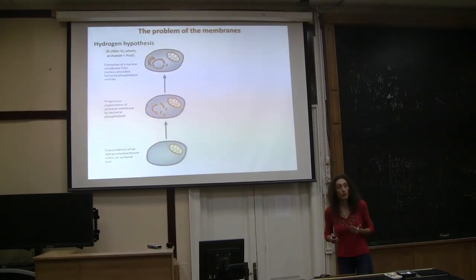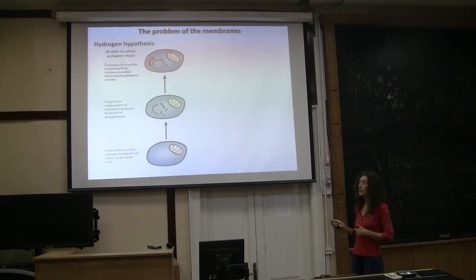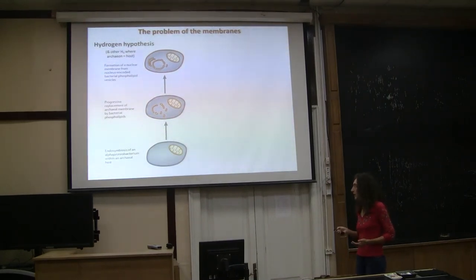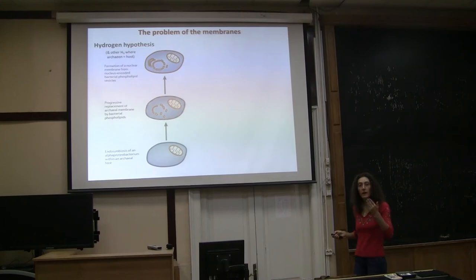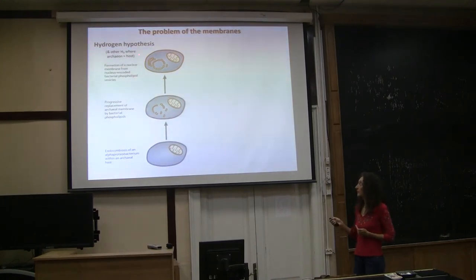So this poses a problem, because in the hydrogen hypothesis and all the other models that propose an archaeon as the host of the future mitochondrion, we have an organism that has an archaeal membrane, and eukaryotes now have bacterial membranes. So they need to postulate a transition from archaeal membranes to bacterial-like membranes, we don't know why.